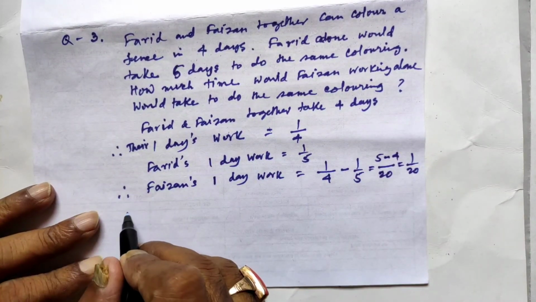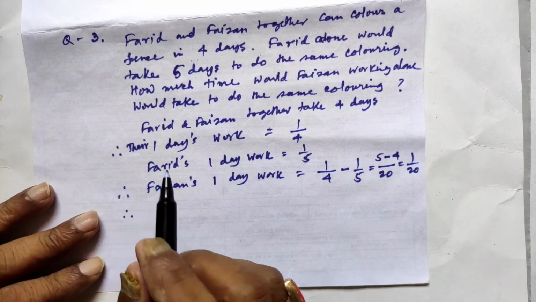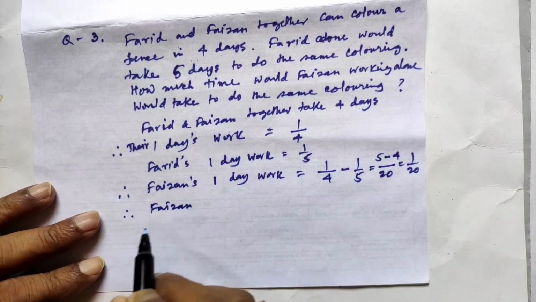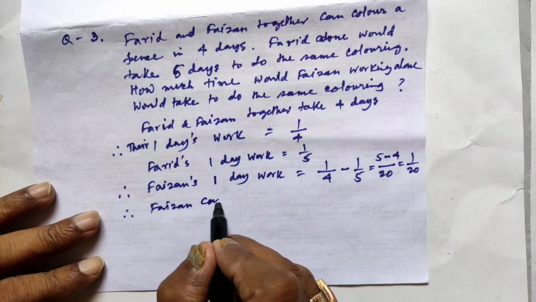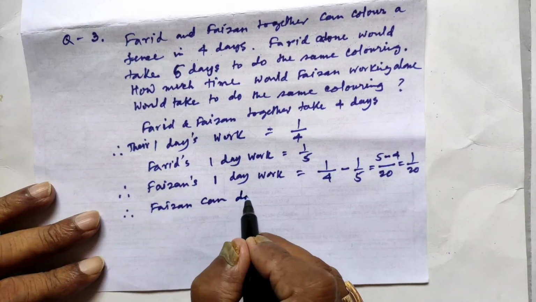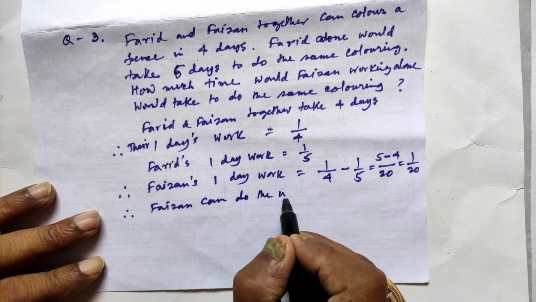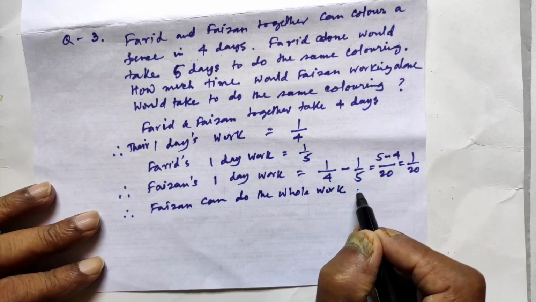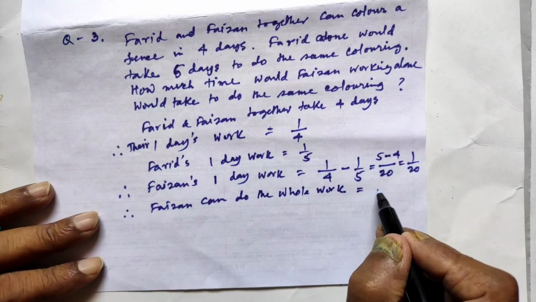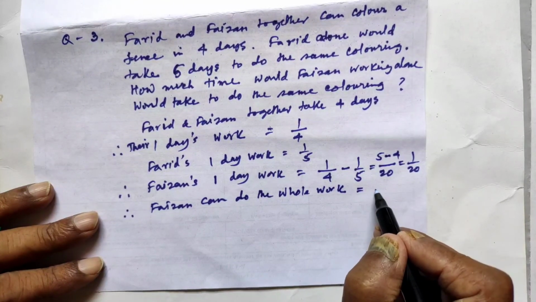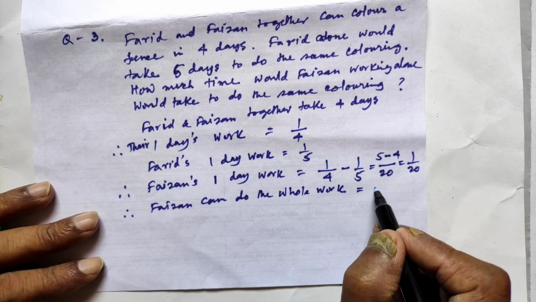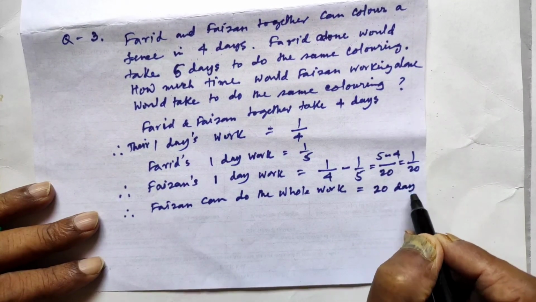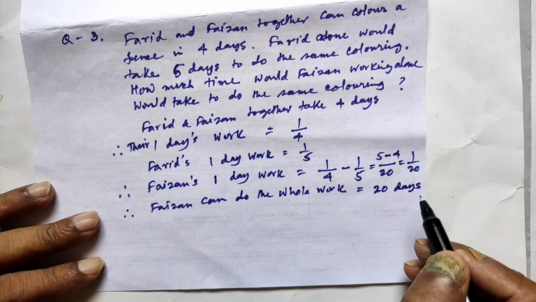That means Faizan can do the whole work, if you just reverse it, in 20 days.